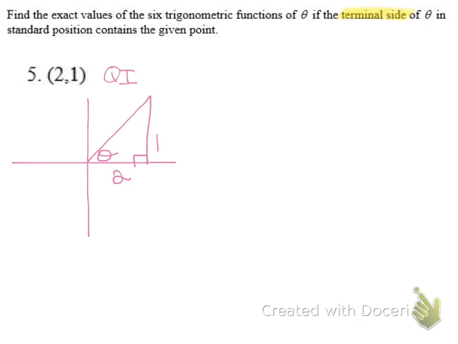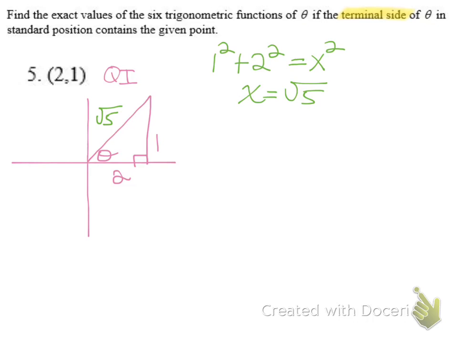Therefore, we label the triangle just like this. Now, just like in the problems previous, we have an unknown side, and we're going to use the Pythagorean theorem to solve for that missing side. Pythagorean theorem will tell us that x is the square root of 5, so I can replace that x on my triangle with the square root of 5.